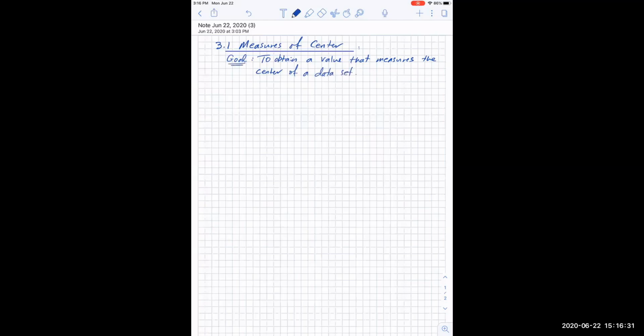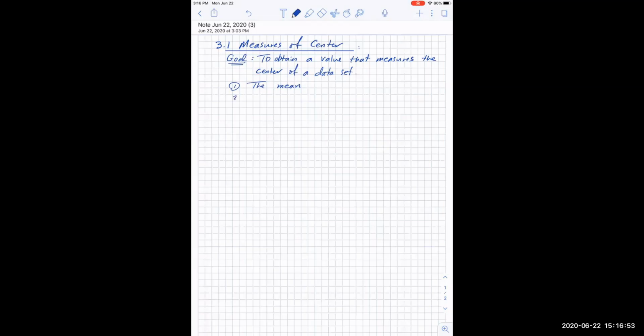That's our goal today. And we're going to discuss ways to measure the center. The first one is the mean. The second one is the median.